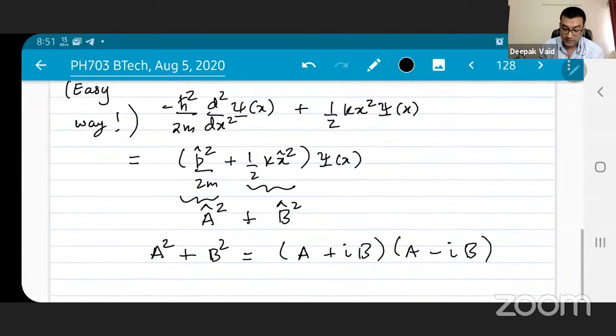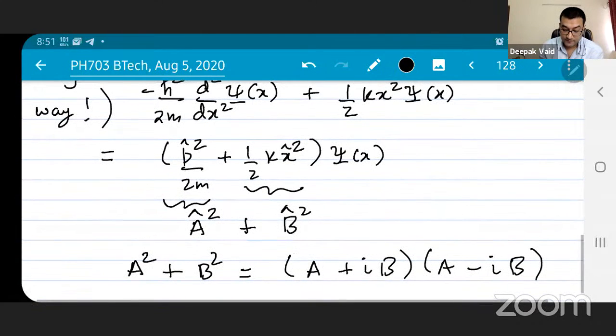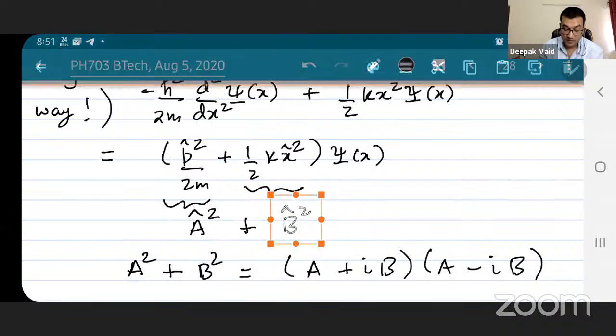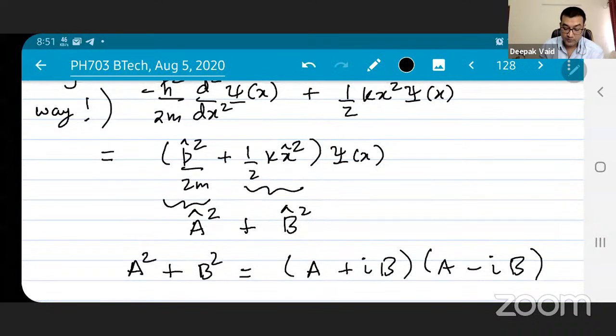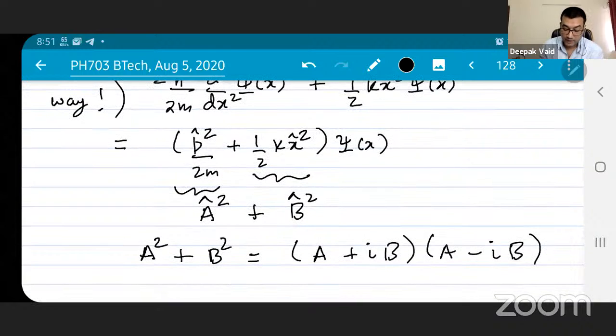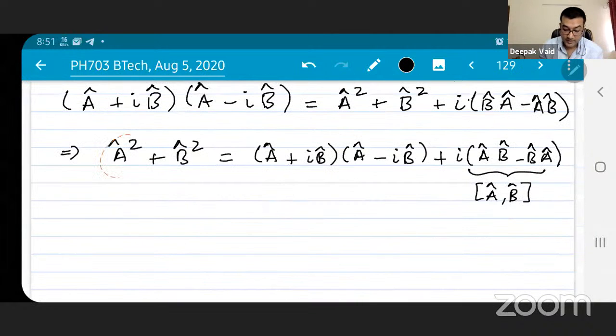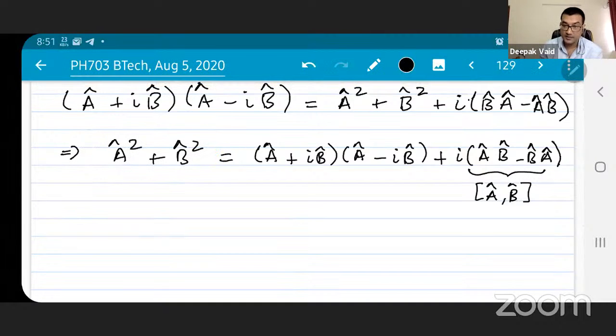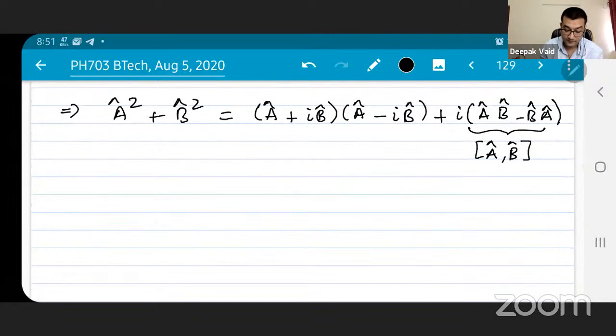Now if you look at these two expressions again, what is A square? Momentum squared. B square is position squared. So I can write the sum of these two terms, P square and X square, schematically like this: capital P squared plus capital X squared.